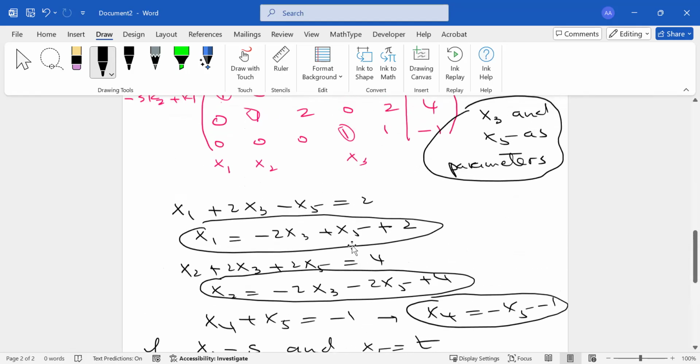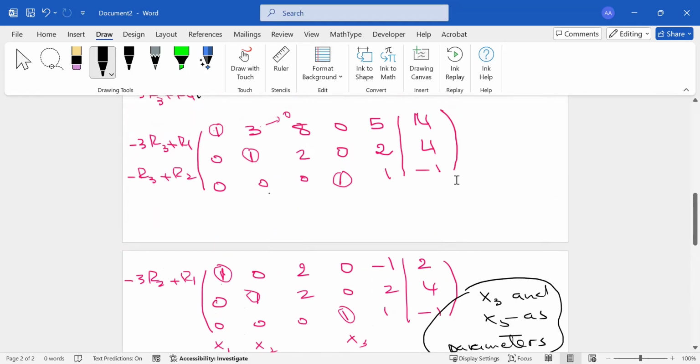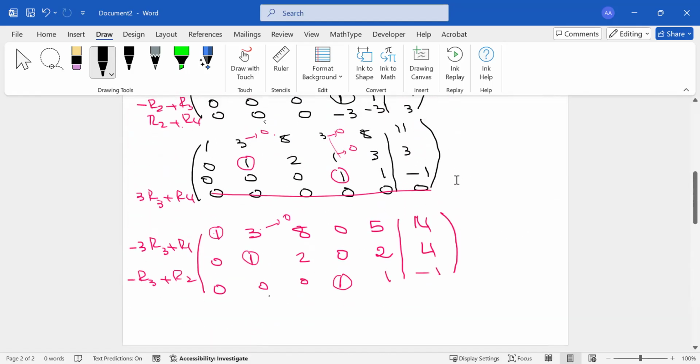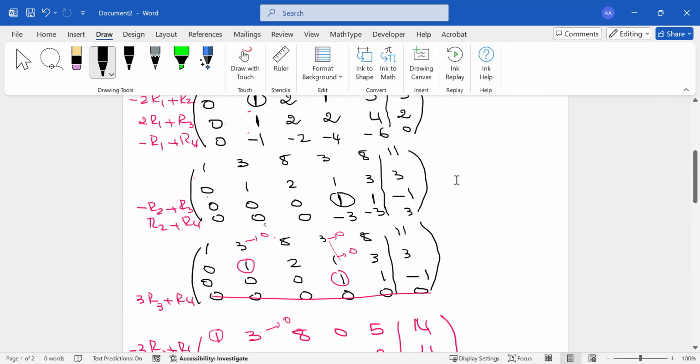This set of parameters, this choice in this case, happens to be the easiest when it comes to calculations. Like I said, if you choose another set of parameters, the solution per se will not change. It's going to be the same solution, but with a different parameterization. And that parameterization might be harder, right?